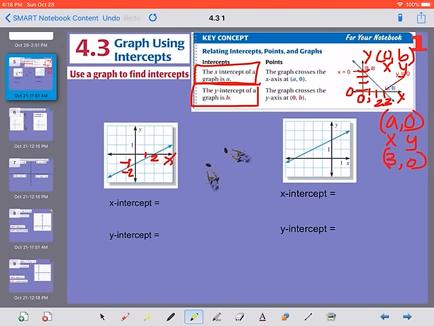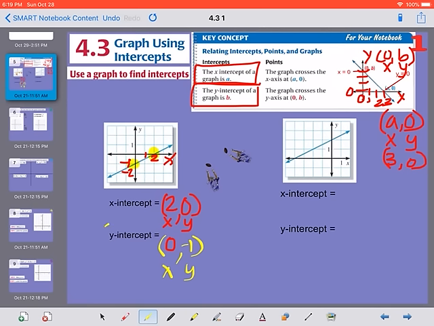Well, we can see it crosses right there, which would be, in terms of x, y, x is at 2 and y is at 0. Then our y-intercept, where we're crossing the y-axis, is down here at -1. So when we look for our point, x is left to right 0, and then y is down 1, or -1.